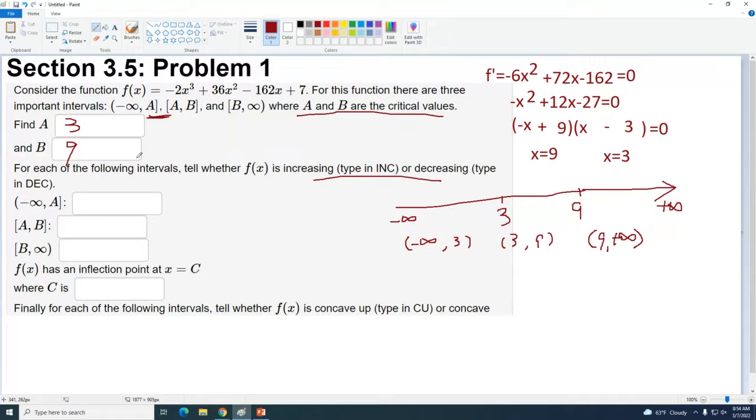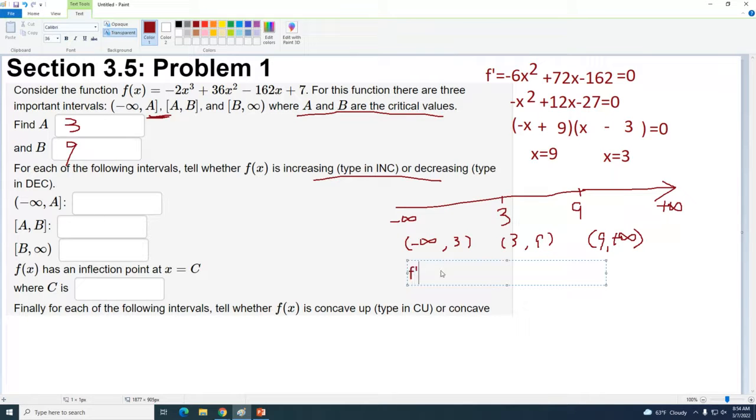For each interval, we really want to know the increasing and decreasing. If you want to know increasing and decreasing, you have to test the derivative value, right? So for example, the first one, let's pick a number. So you want to find the derivative at, what's below 3? 0? I think 0 is quicker.